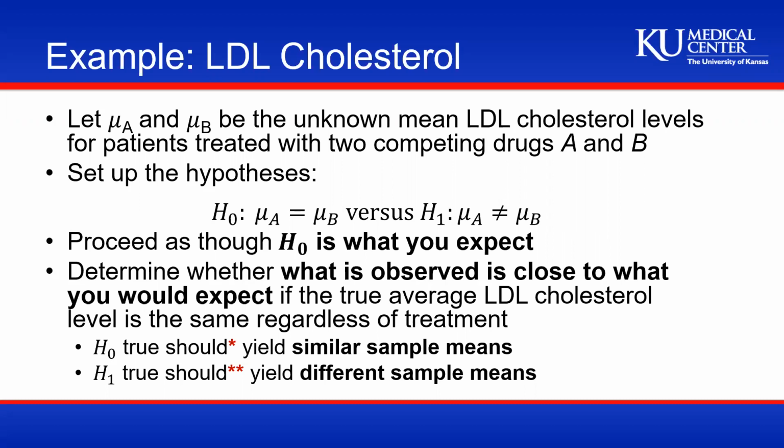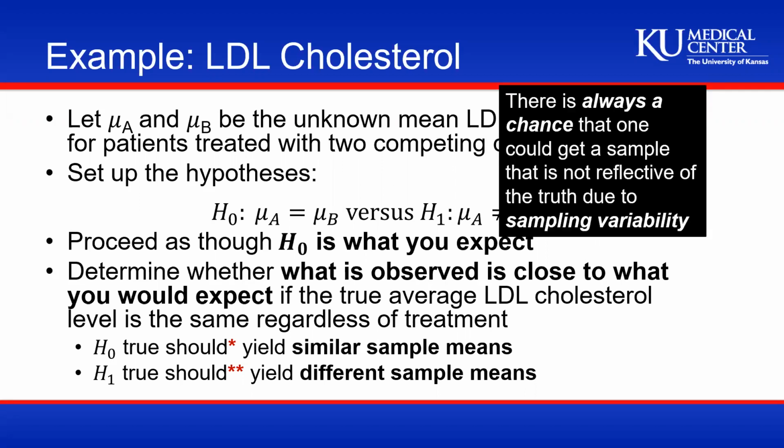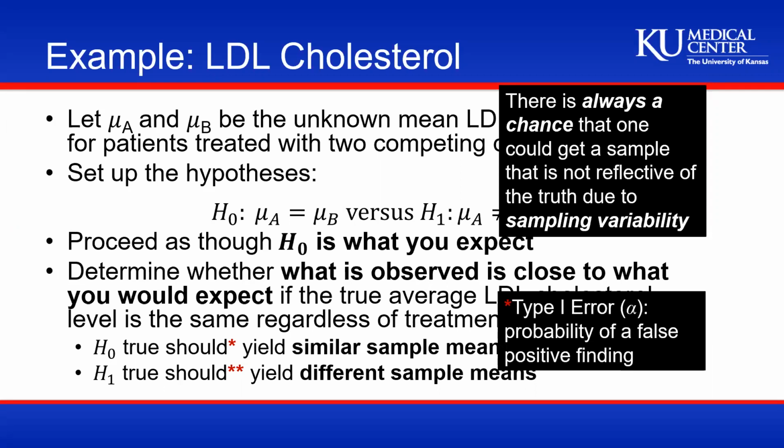And I note should, because remember last week, there's always a chance that you could get a sample that's not reflective of the truth simply because of this nuisance called sampling variability. So we have to quantify what that risk is. We quantify that in our study design by the type 1 error rate.